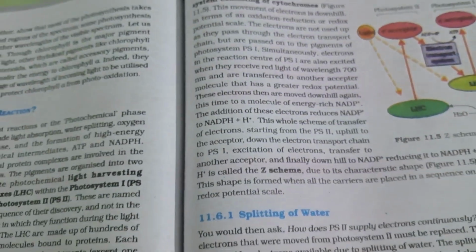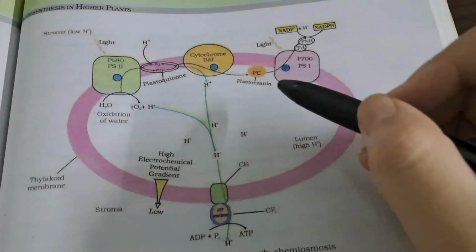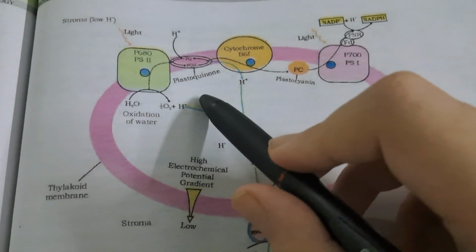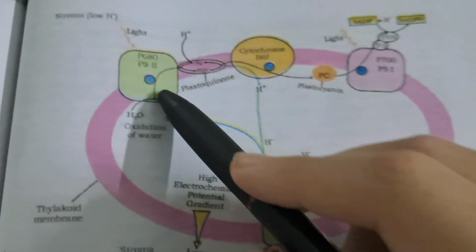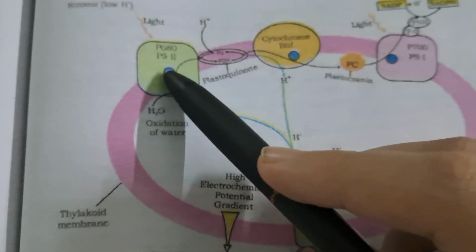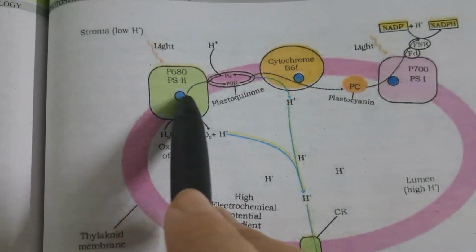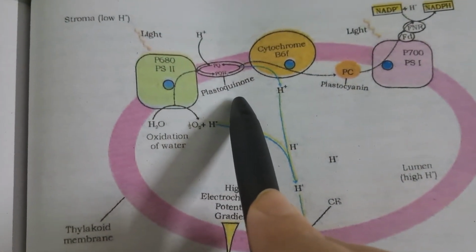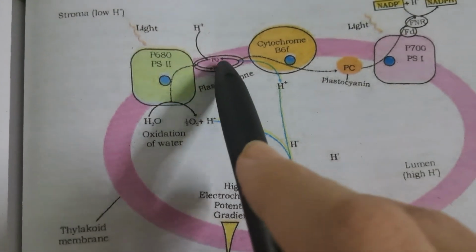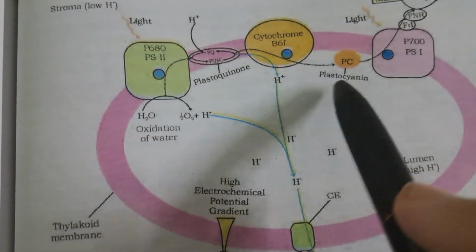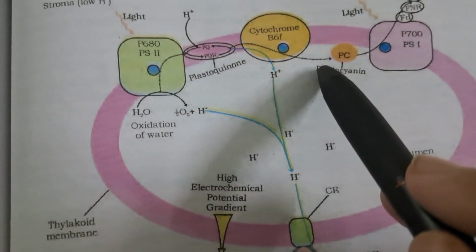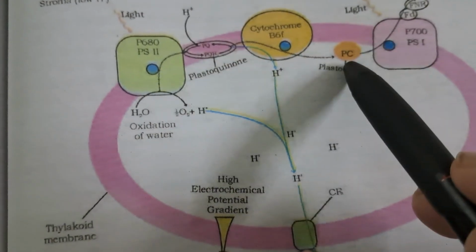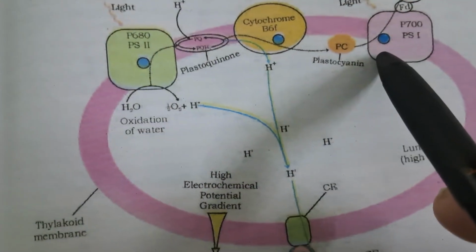Just like that, plastocyanin and plastoquinone are also electron carriers. They will carry the electron. Suppose from PS2 they got the electron, they will carry it to plastoquinone, and then plastocyanin will receive the electron again and pass it on. They are electron carriers because they carry the electron from one place to another.